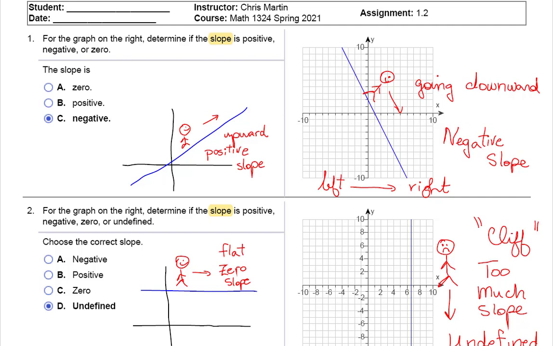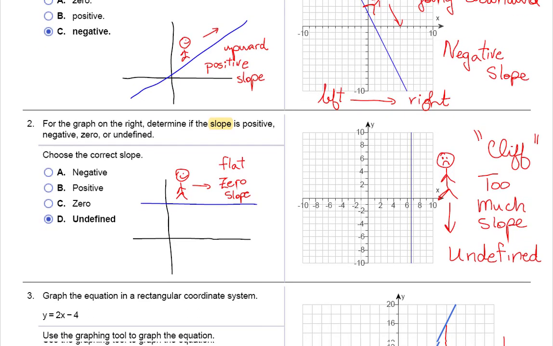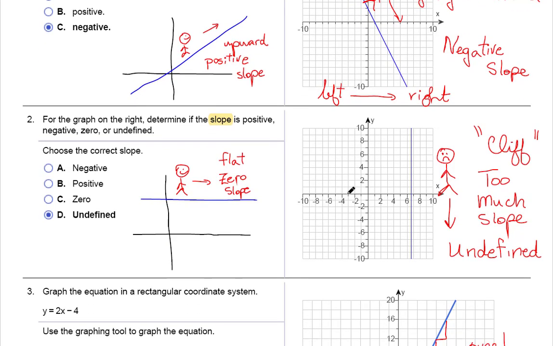In question 2, we have a vertical line. Here on this vertical line, you couldn't stand on it too easily. You'd be falling. This is a cliff, and a cliff has too much slope, and therefore the slope is undefined. They gave us that as a choice here. So undefined.